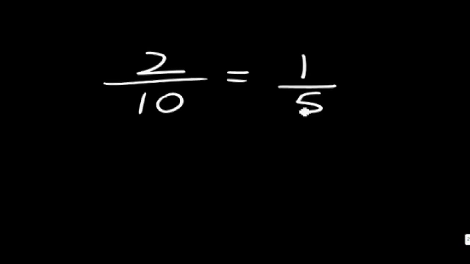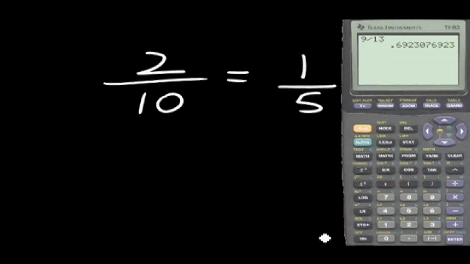The 2 red marbles out of the 10 possible marbles reduces to 1/5 as a fraction. 0.2 is the numerical value.